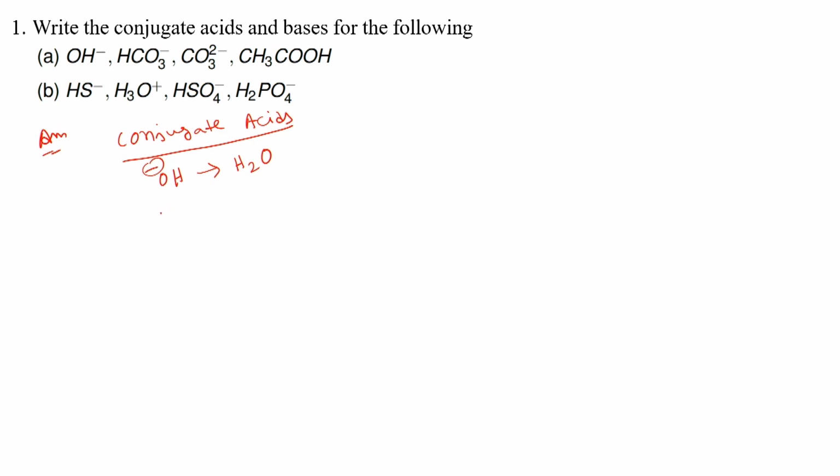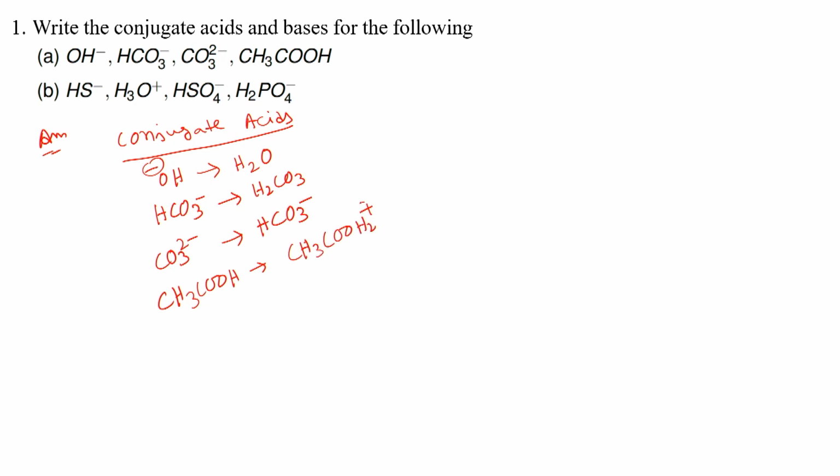For HCO3 minus, the conjugate acid is H2CO3. For CO3 2 minus, the conjugate acid is HCO3 minus, and for CH3COOH, the conjugate acid is CH3COOH2 plus.